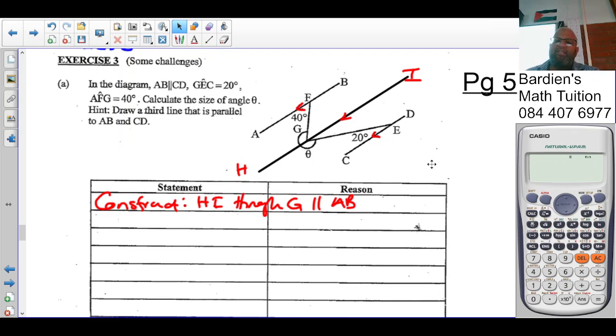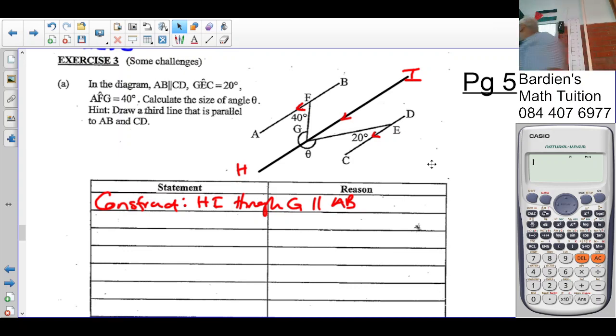So by drawing that line HI parallel to AB and CD, it now opens up more angles around theta. Can you see that? So with that line being parallel there, we can also use corresponding, co-interior and alternate angles.